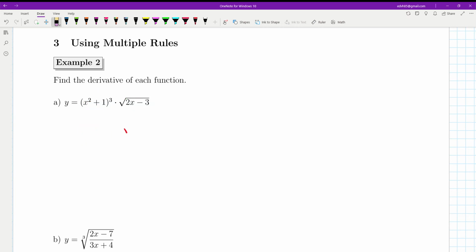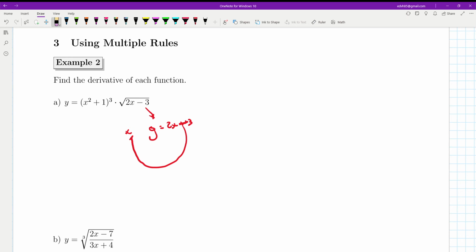On the other hand, the second function looks like the composition of f equals square root of x, and g equals 2x minus 3. If we compose this function, we should get as a result that big function, right?